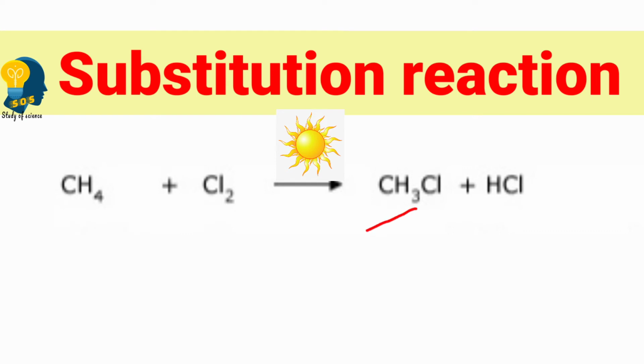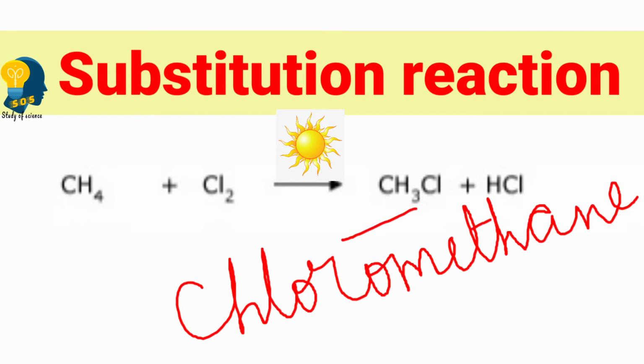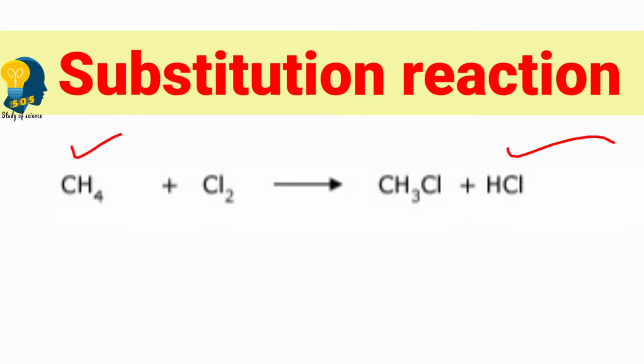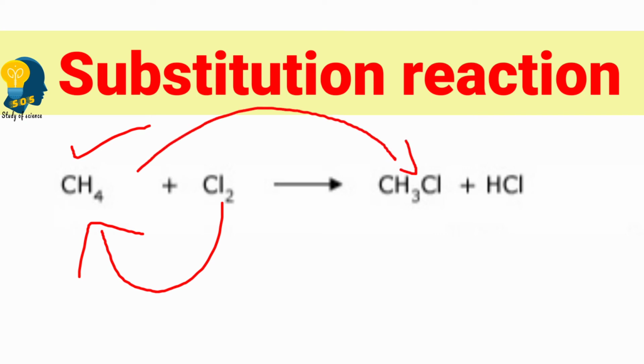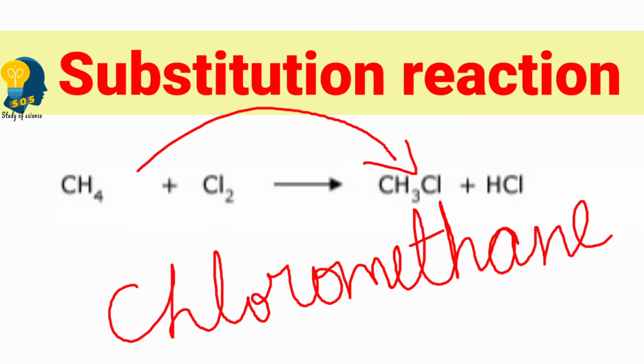The chloromethane. CH3Cl is chloromethane, and along with this, HCl is also formed. See, very simple. There is methane. When we add chlorine, the chlorine is substituting the hydrogen from methane. So as a result of that, a new product is formed, that is CH3Cl, which we call chloromethane. Along with that, HCl is also formed.